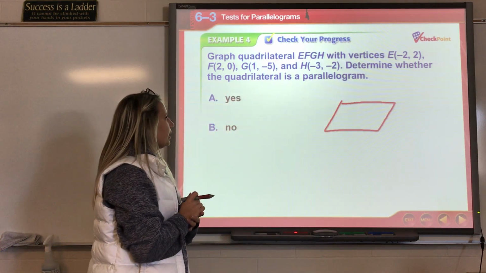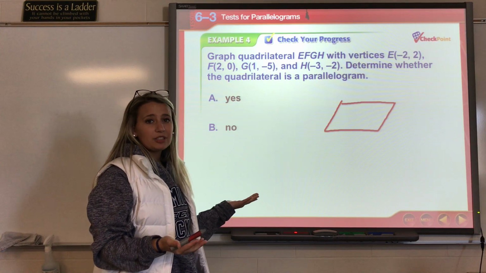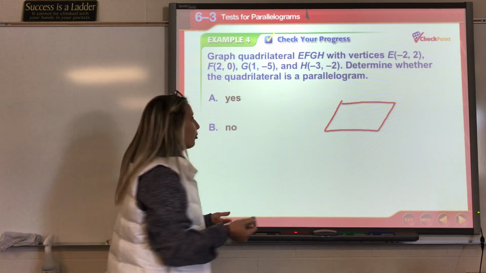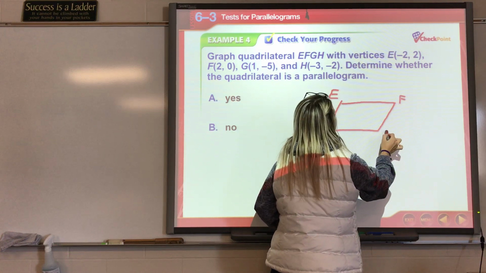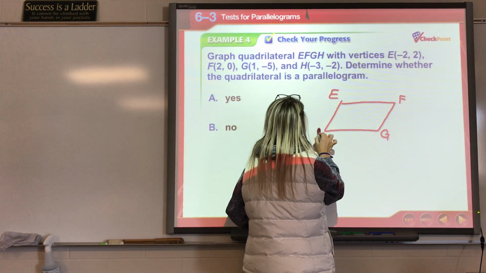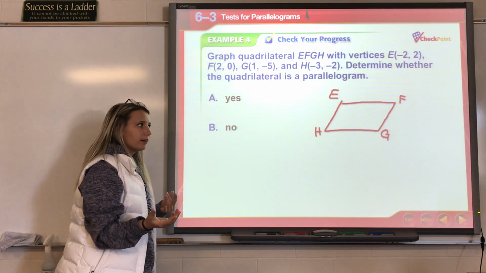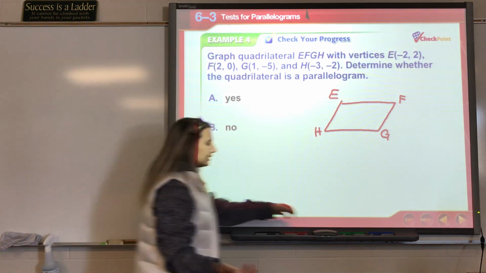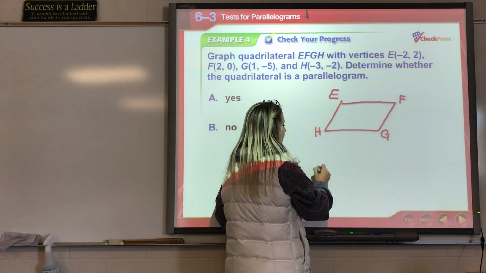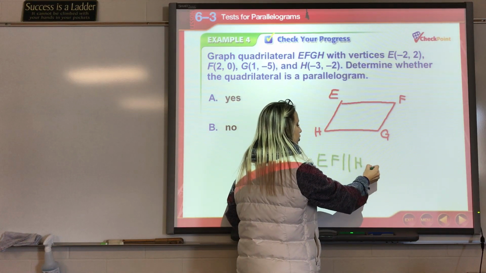Okay, so we have quadrilateral EFGH. Now this might not be drawn to scale, but I can at least plug in the points. And we know what our points are. So what we should be finding is that EF is parallel to HG.